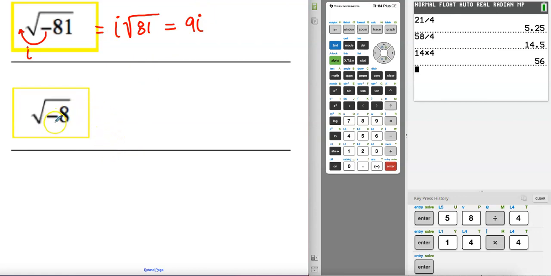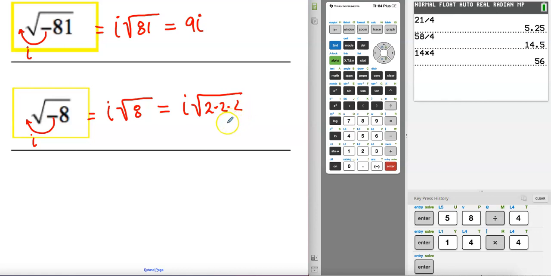Taking a look at this one, it's a negative square root, so I've got to get rid of that negative. I'm going to pull out an i, and so this becomes i times the square root of just 8. I'm going to simplify just the 8. I'm going to keep that i on the outside. When I factor the 8, I see that it can factor into 2 times 2 times 2.